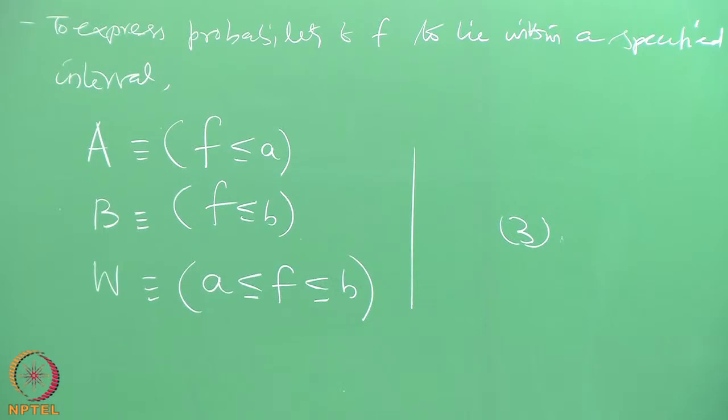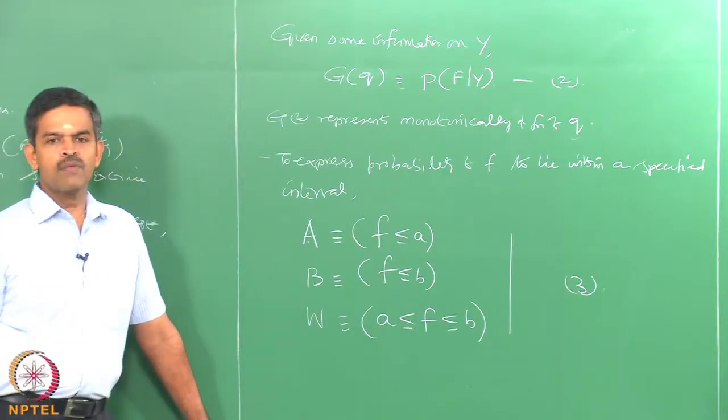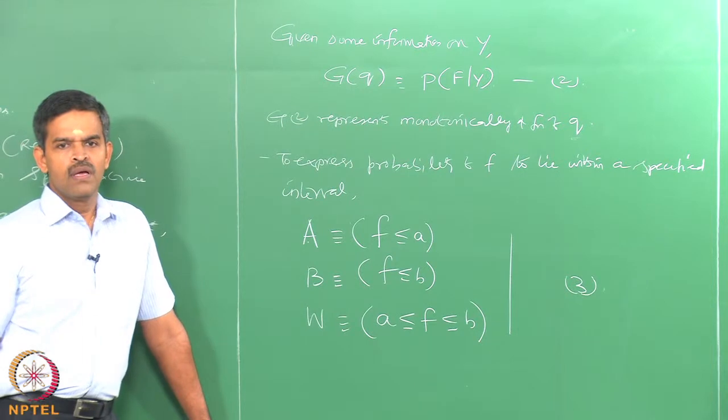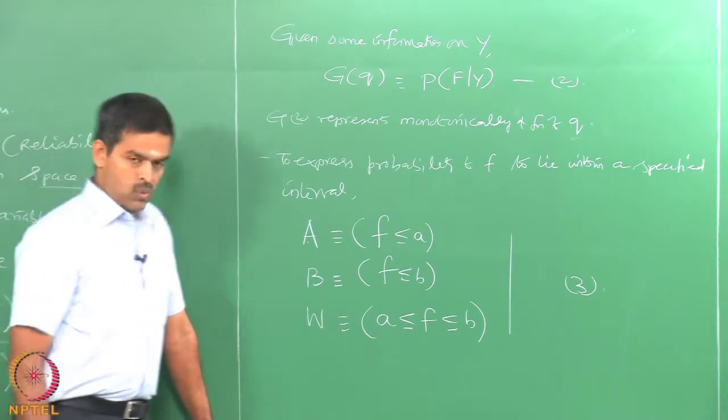Now, for two events a and b which are mutually exclusive to occur, we can use the sum rule.